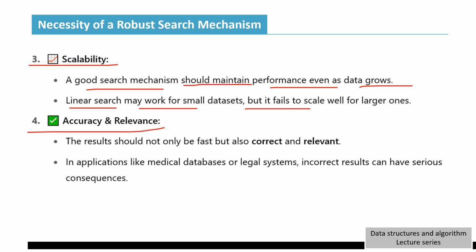Then next, accuracy and relevance of searching. The results should not only be fast, but also accurate, correct, and relevant. In applications like medical databases and legal systems, incorrect results can have serious consequences. That's why, depending on the situation, accuracy and relevance is a very crucial factor.